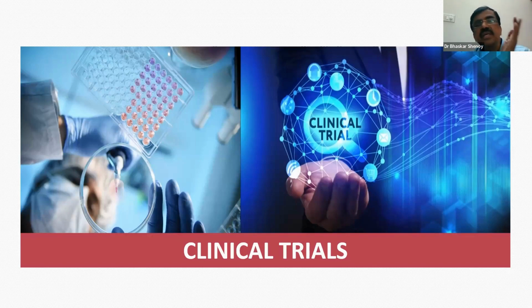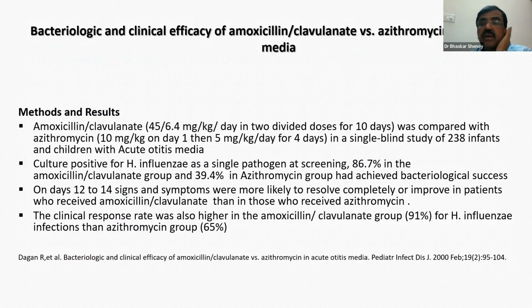One of the path-breaking papers in Pediatric Infectious Disease is by Dagan et al., who is a master in otitis media research. He was one of the first to demonstrate that bacteriological and clinical efficacy is much better compared to other antibiotics in otitis media.